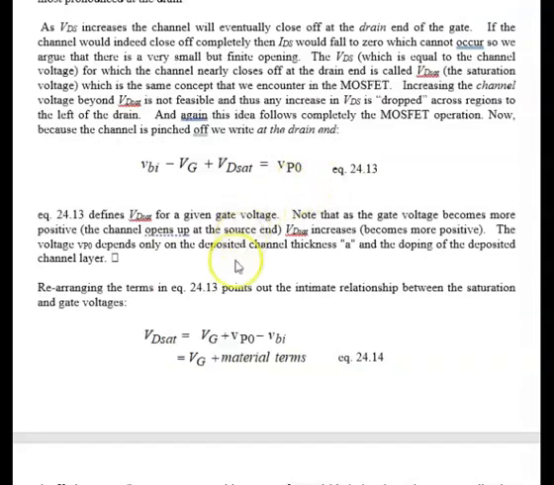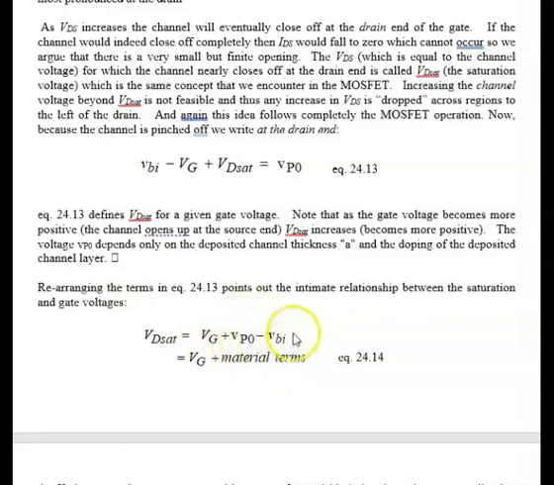Okay, so now let's rearrange this. We're going to work on this crazy thing called VDSAT, and we put VDSAT on the left, put all the other gunk on the right, and we see that the VDSAT depends on VG. Makes sense. VG goes up, and VDSAT goes up. Plus, we have some material parameters.